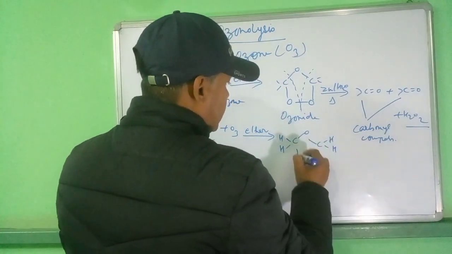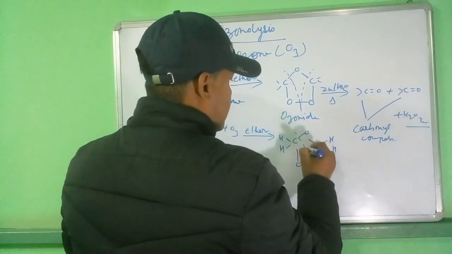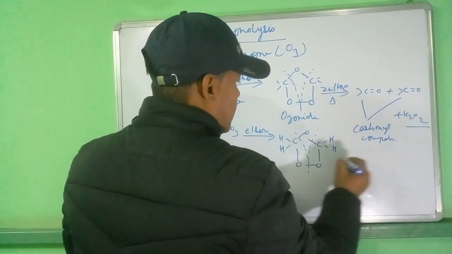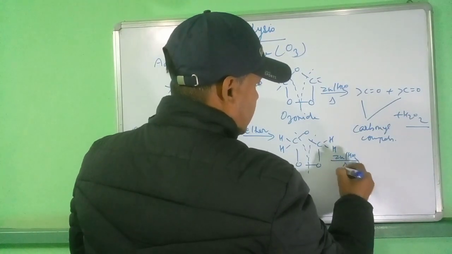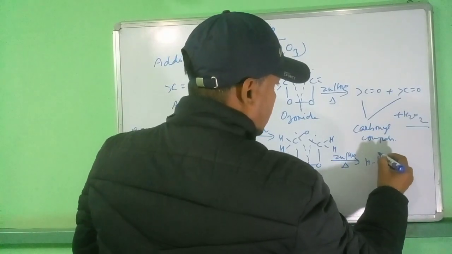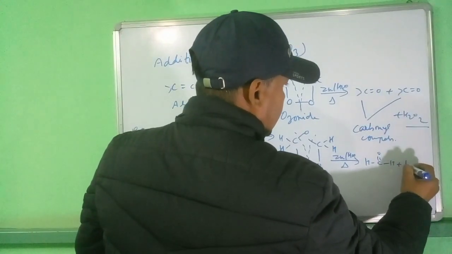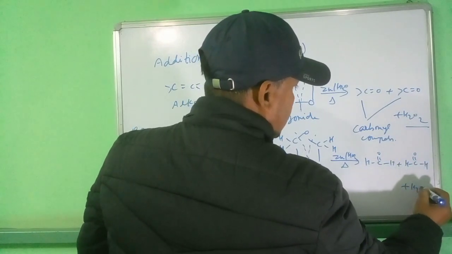Here Y-shape cleavage takes place and it decomposes with zinc metal and water, giving HC double bond O, again HC double bond O, plus hydrogen peroxide.